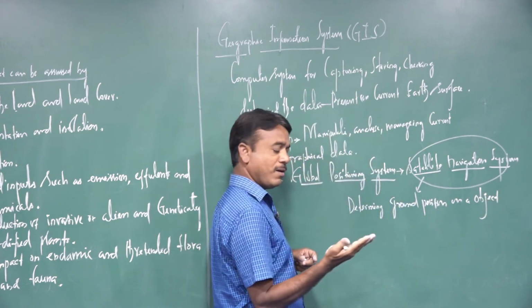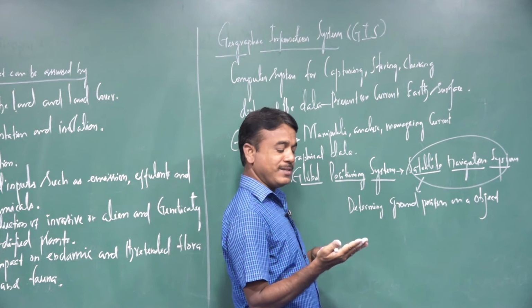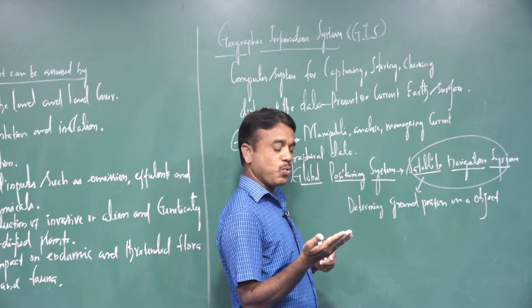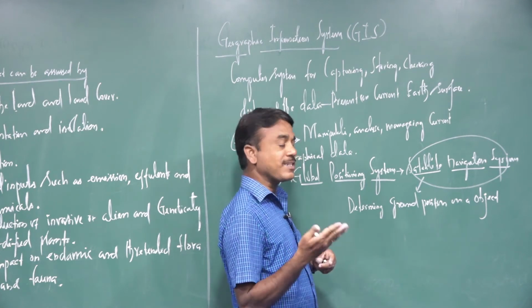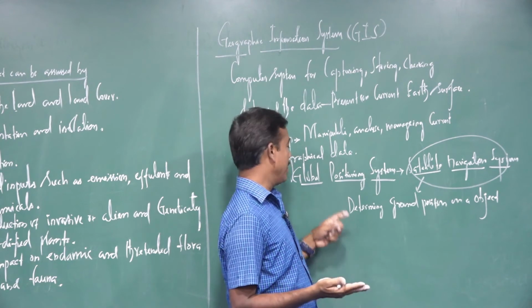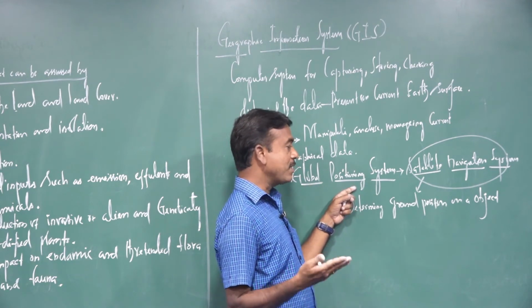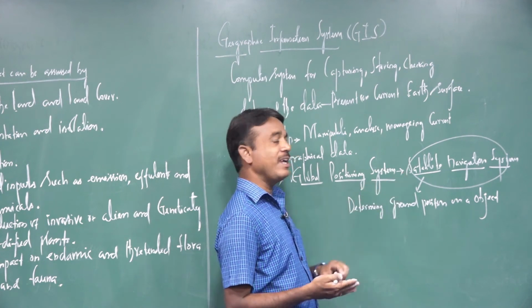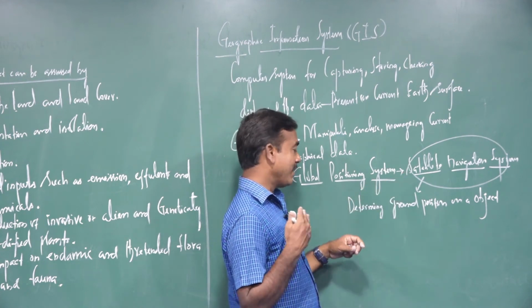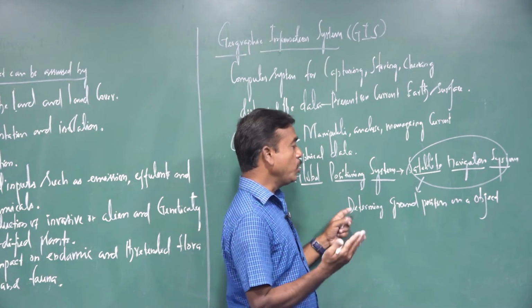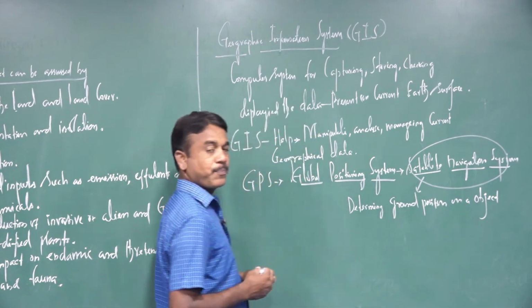So for any object on the earth, what condition it exists in, that study is commonly called the global positioning system. How can it be studied? By using the satellite navigation system, which helps to determine the ground position of an object.